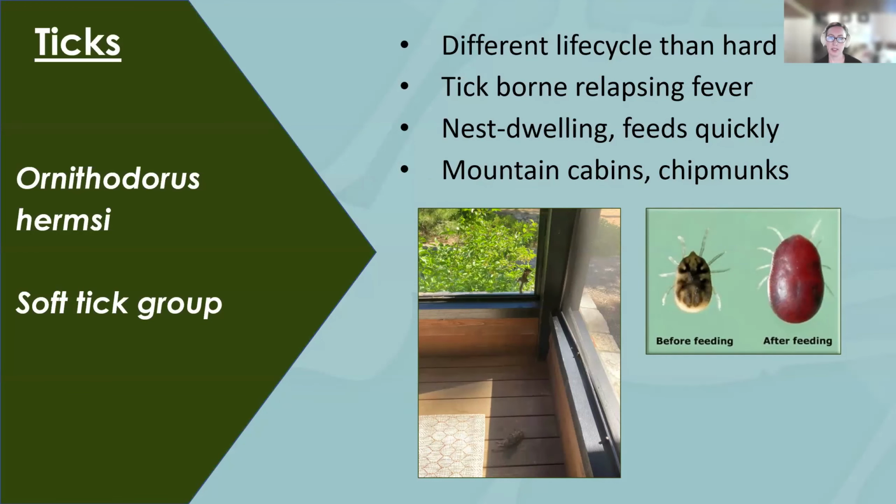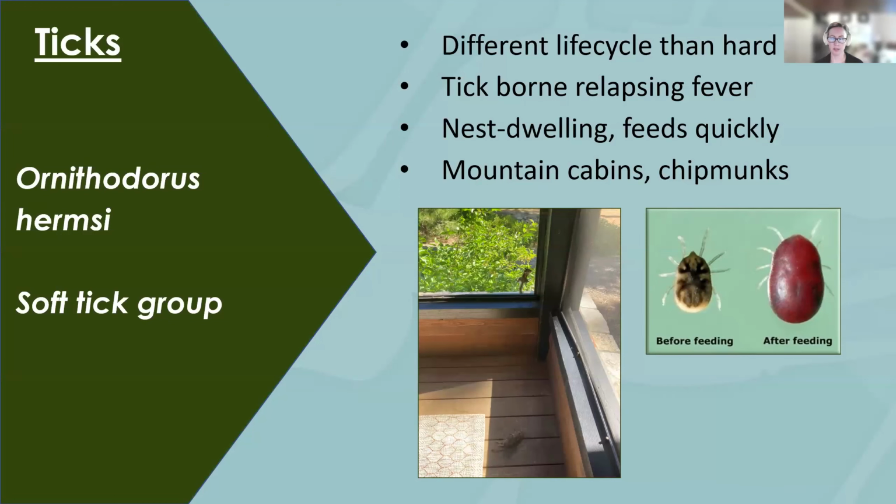The last tick species I want to talk about is Ornithodoros hermsii, which is a soft tick and has a very different lifestyle than the other ticks that we've talked about. Rather than existing primarily out in vegetation, soft ticks tend to live in the nests of their hosts.